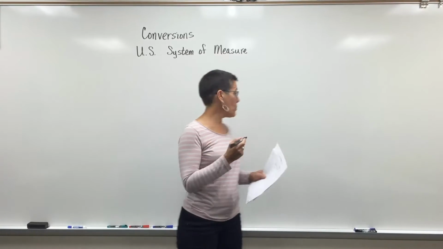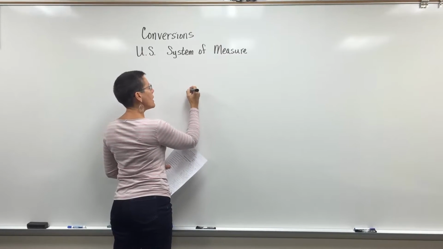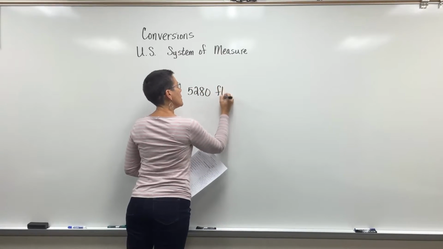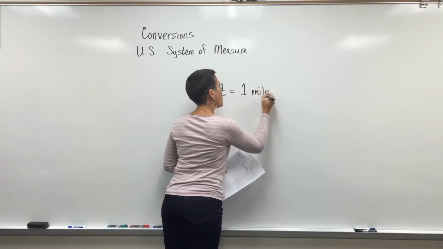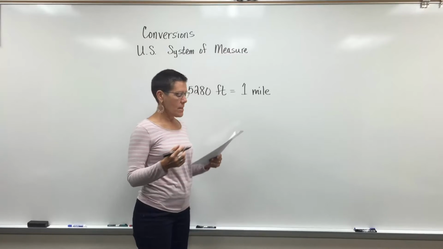Some of the common ones that I'd like to share with you that are on this document are the fact that there's 5,280 feet in 1 mile. That's very helpful in the engineering field to be able to convert a unit of distance.